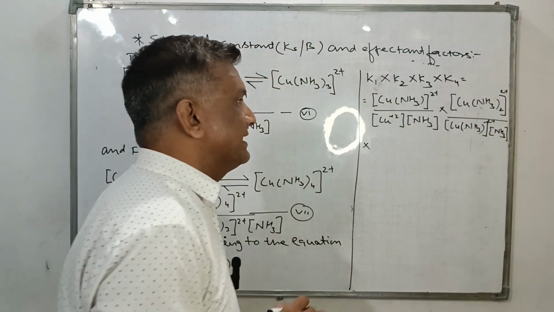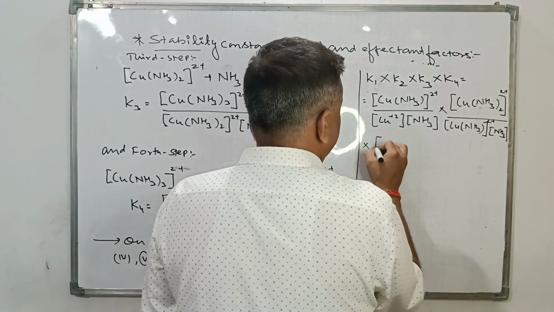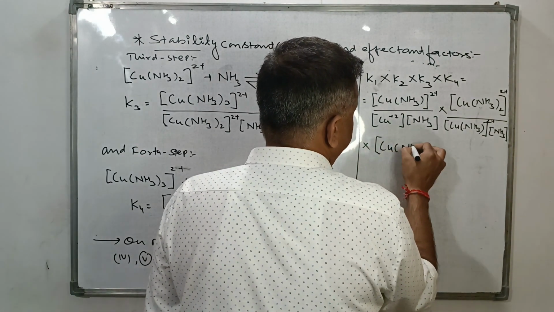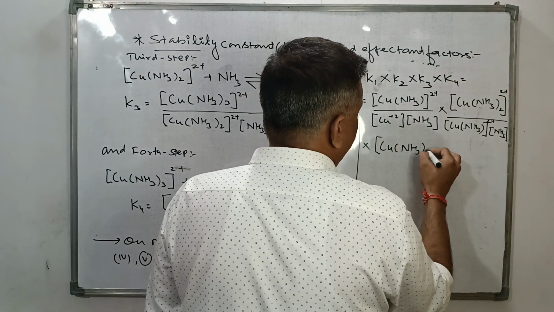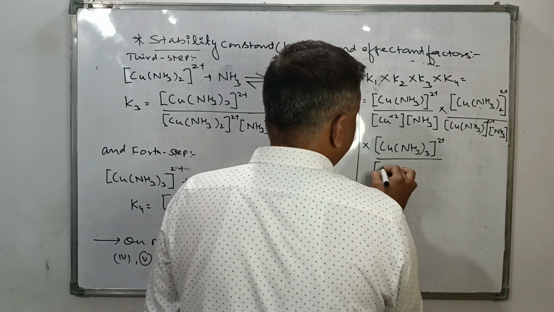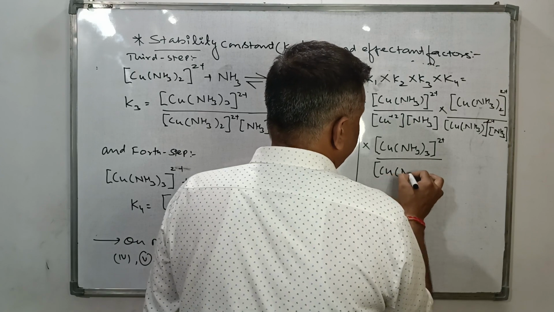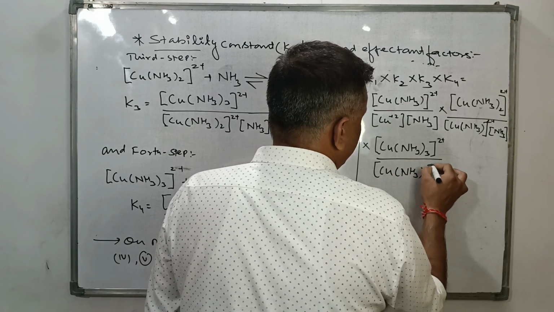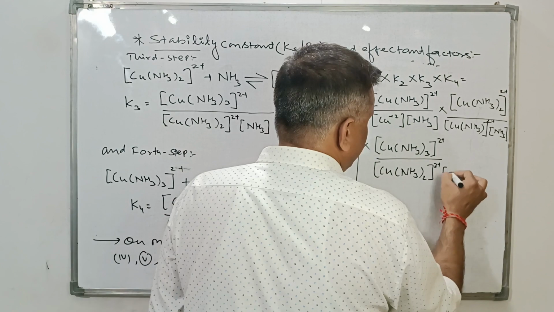Into the value of K3. This is [Cu(NH3)3]2+ upon [Cu(NH3)2]2+ and this is the NH3.